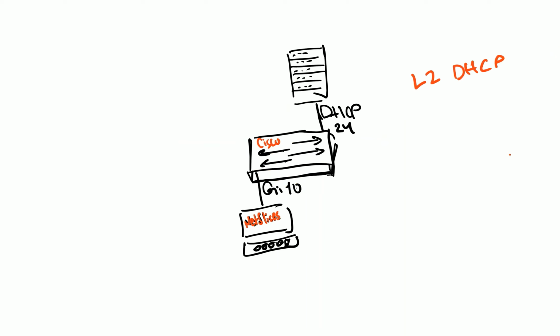I've done this topology. We'll soon put some hands-on on it. This PC in particular is connected on port 10, and we have a DHCP server connected on port 24. We will soon put both of them on the same layer 2 LAN, or VLAN actually, in order to let them reach each other.